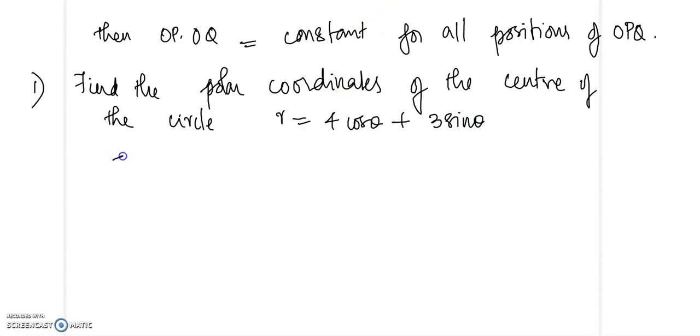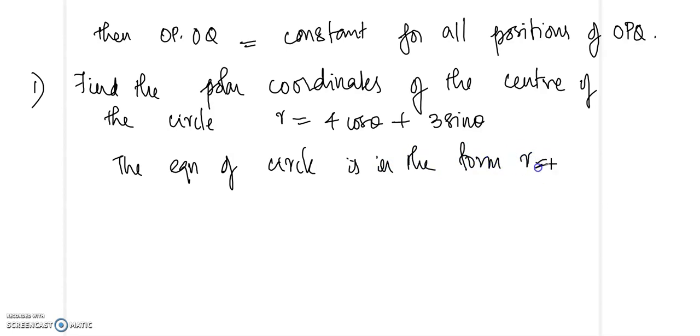It is in the form, so the equation of circle is in the form r equal to a cos theta plus b sin theta.